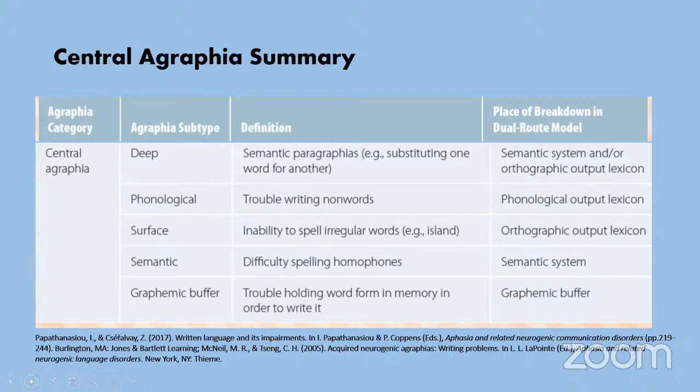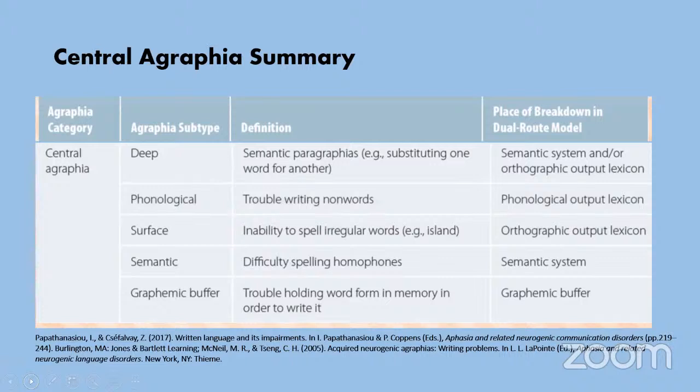There is inability to spell irregular words, that is surface agraphia, and that is the island example. The orthographic output lexicon is damaged. In semantic agraphia there is difficulty spelling homophones, in the semantic system. With trouble holding word form in memory in order to write, it is the graphemic buffer. Short words can be easily written, but long words are difficult.